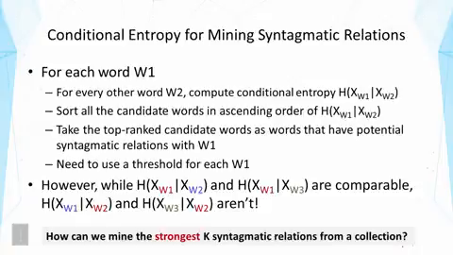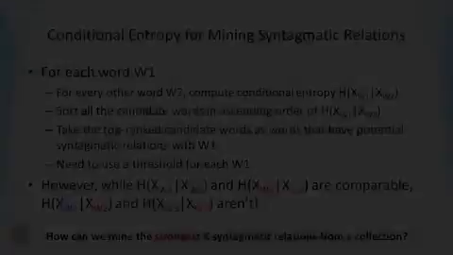Well, that was because they have different upper bounds, right? So those upper bounds are precisely the entropy of W1 and the entropy of W3. And they have different upper bounds. So we cannot really compare them in this way. So how do we address this problem? Well, later we'll discuss how we can use mutual information to solve this problem.